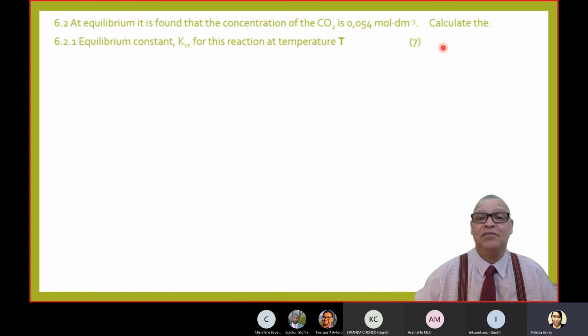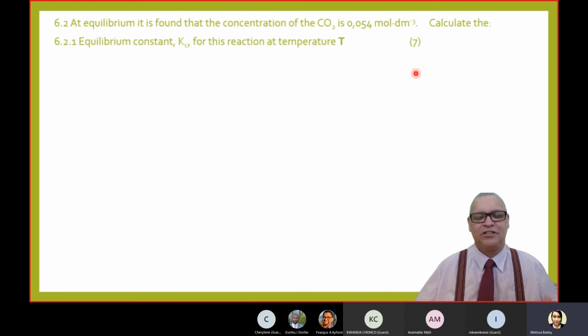So notice they're giving us an equilibrium concentration of one of the reactants or the products. Calculate the equilibrium constant Kc for this reaction at the temperature T. And there we have 7 marks given for that.